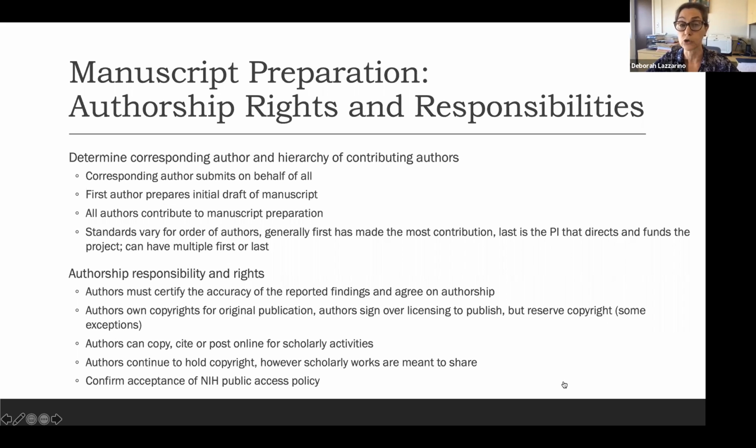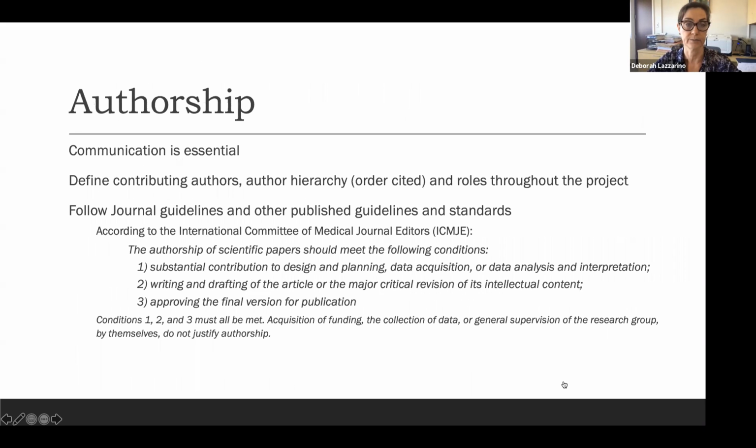And then when you choose a journal, you want to confirm that they have acceptance of the NIH public access policies, which I'll talk about in a moment, which requires them, once there's an embargo, a certain period of time, to allow access to all, so that anybody without a subscription can access the publication online.